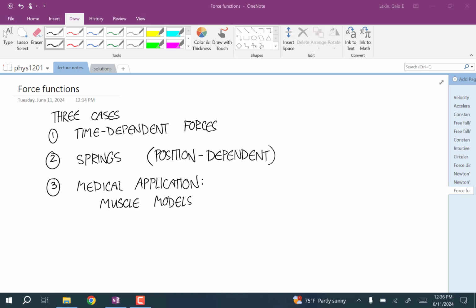And I can't talk about all muscle models. I'm going to talk about one that's very practically useful in human applications. And that is known as the Stanford model.